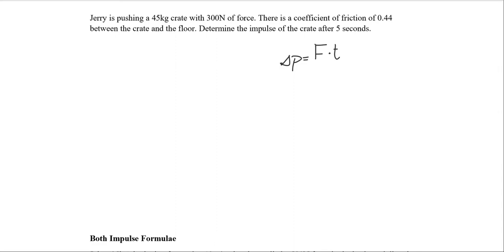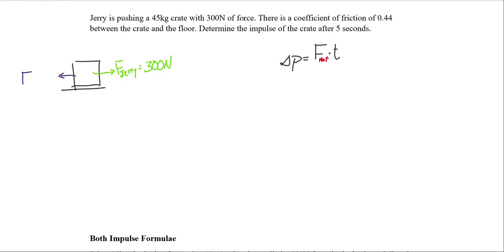Now the thing is, this is not any old force. This is going to be the net force. I'm going to need to find the net force of this situation. So let's make ourselves a box and see what we've got. We have the force of Jerry here, which is 300 newtons. And there's a force of friction that's resisting it.